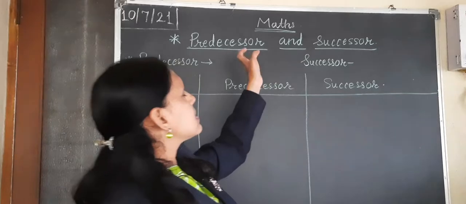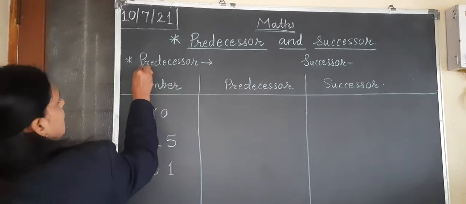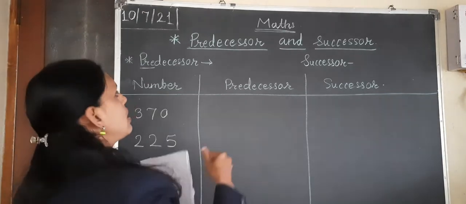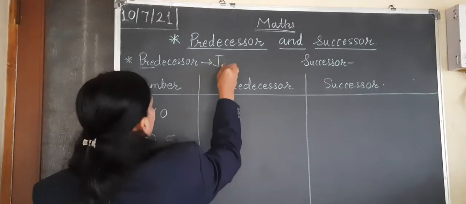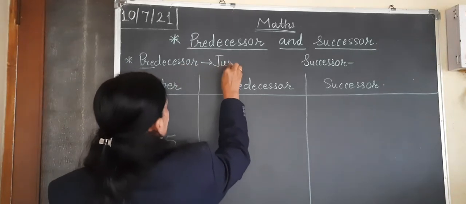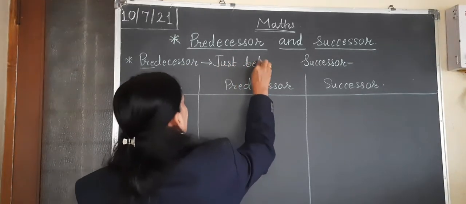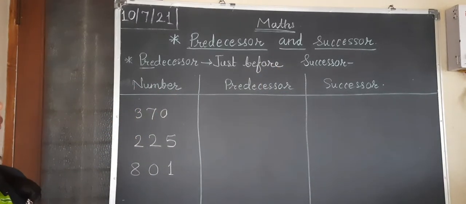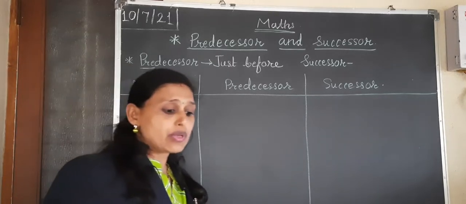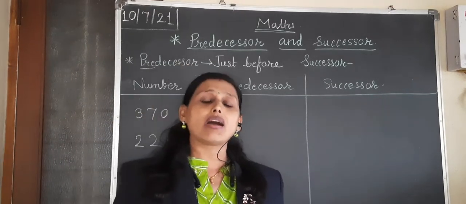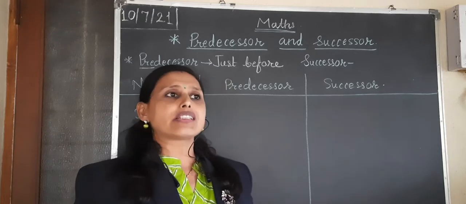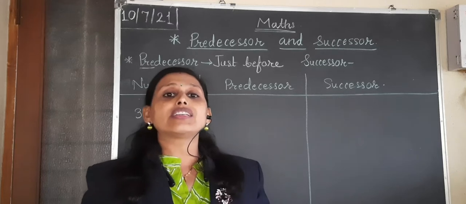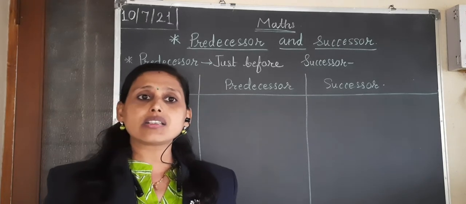What is meant by predecessor? So listen. Pre means previous. Previous means before. So here we can write, predecessor means just before. Successor means, when you have got success in first standard, you got nice marks and you entered second standard, that is your success.